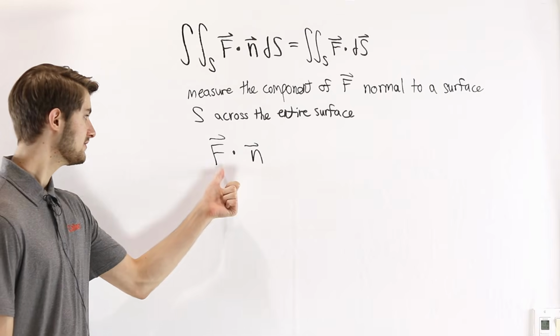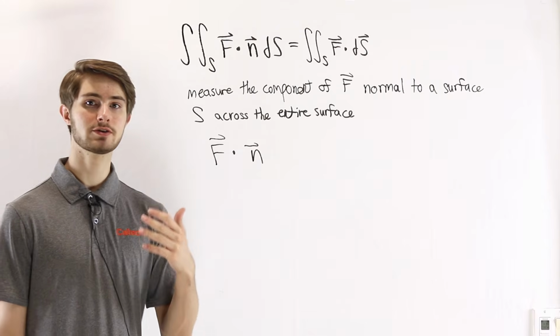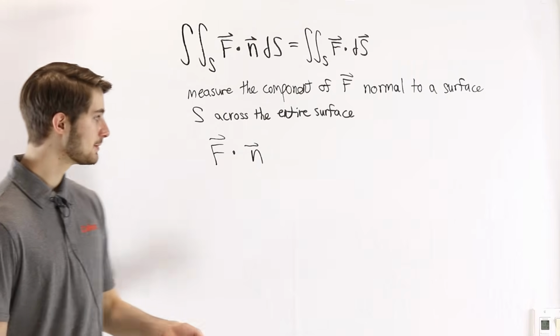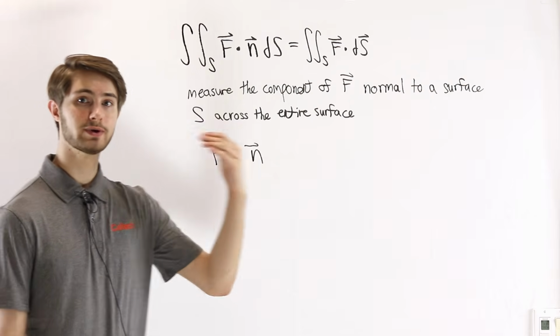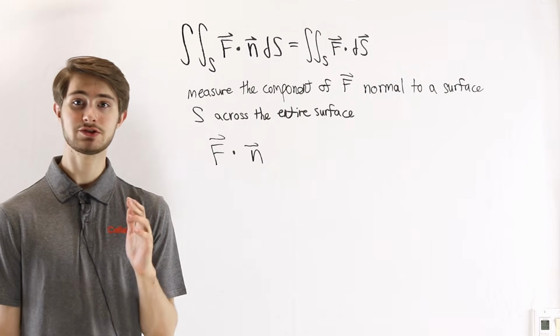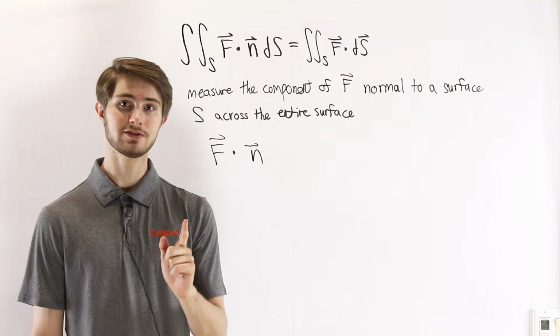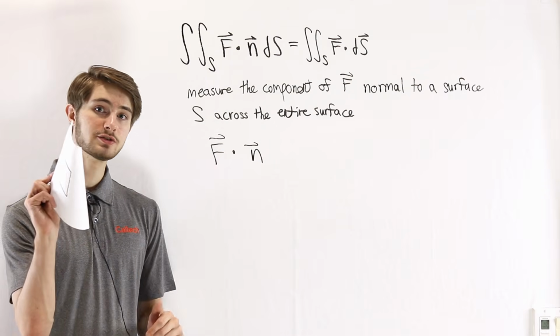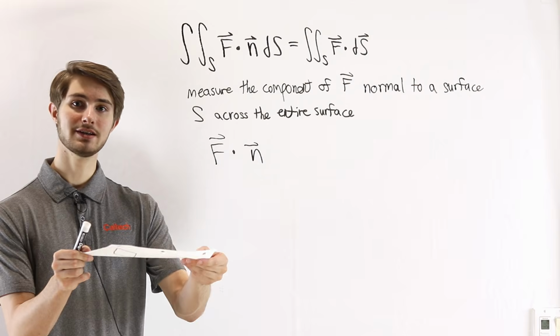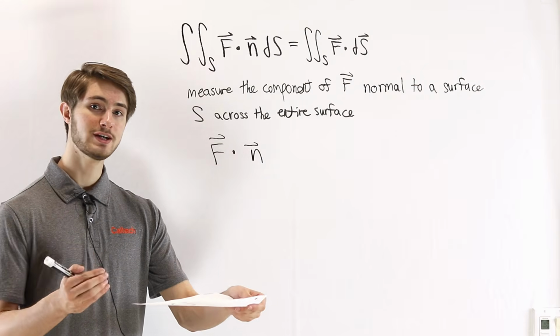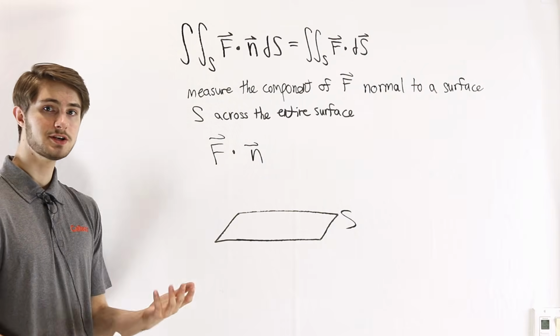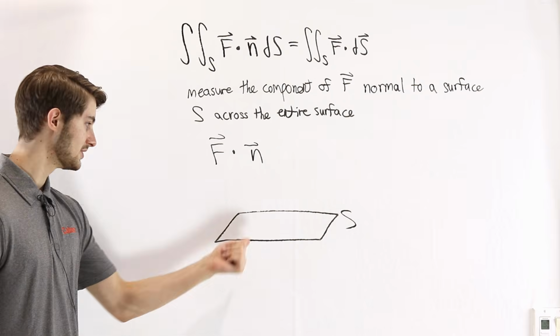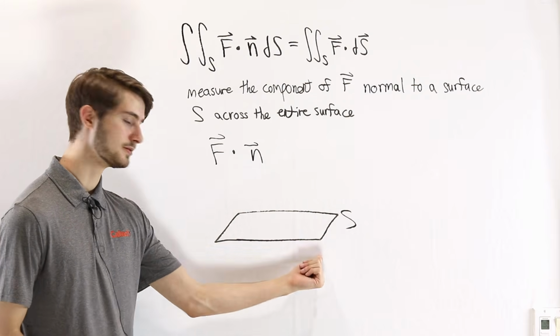Now remember that f dot n is a numerical value. It's just a number that represents the component of f in the direction of n. And because it's just a number, we can make a graph of it. In order to graph f dot n, we'll start by taking our surface S and flattening it so that it becomes a two-dimensional region. So let's say we flattened our original surface S and got this two-dimensional region right here.